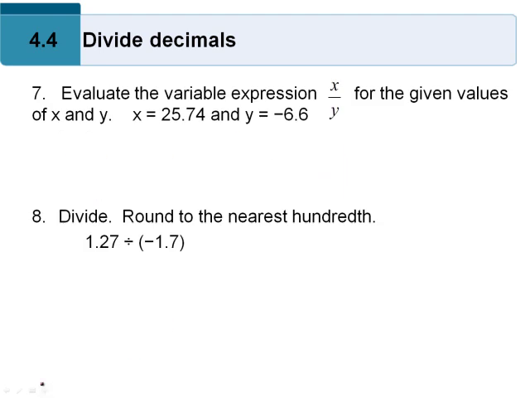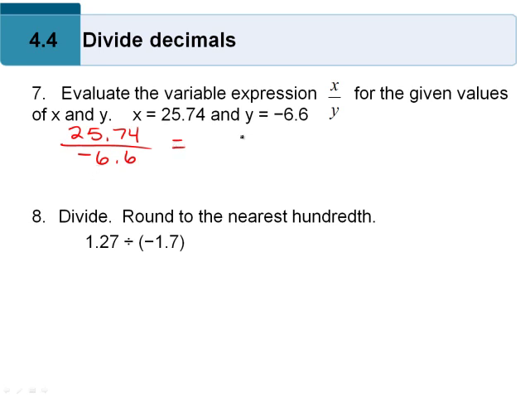All right, number 7 says evaluate the variable expression x divided by y for the given values of x and y. X is 25.74 and y is negative 6.6. So we're doing 25.74 divided by, because every fraction is a division, divided by negative 6.6.